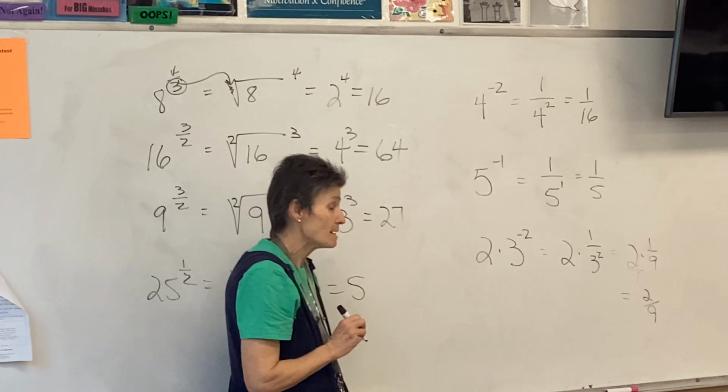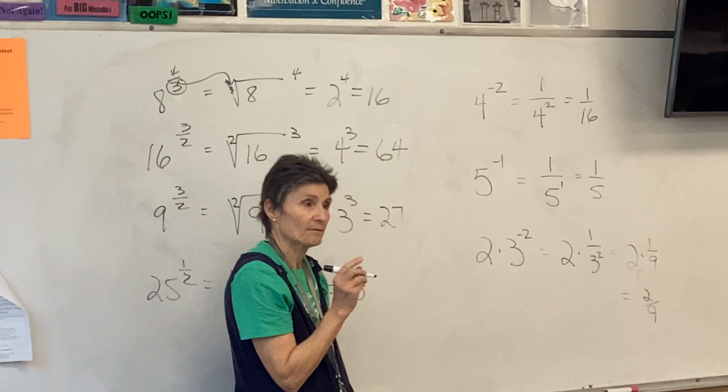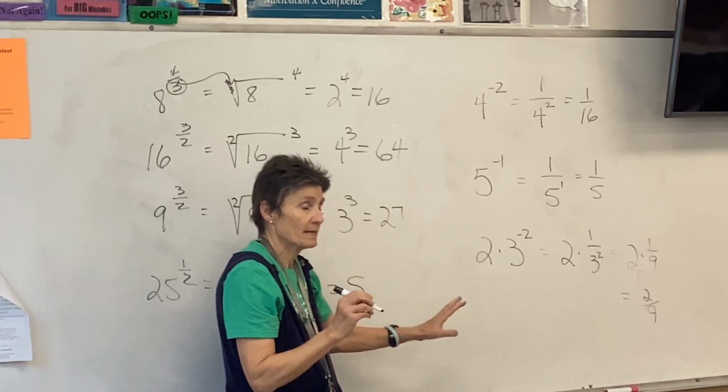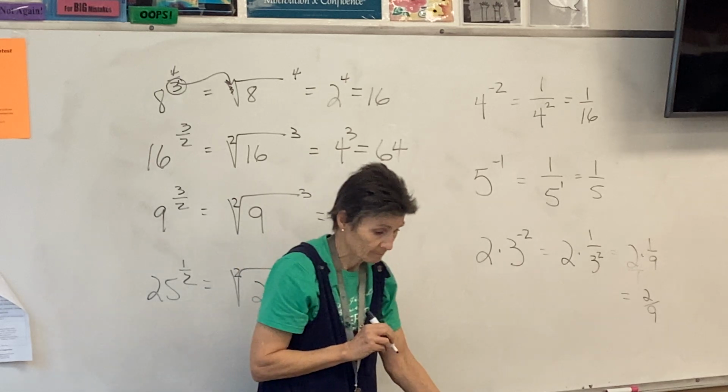So the 3 became 1 over, but not the 2. The 2 stayed because it doesn't have a negative exponent.